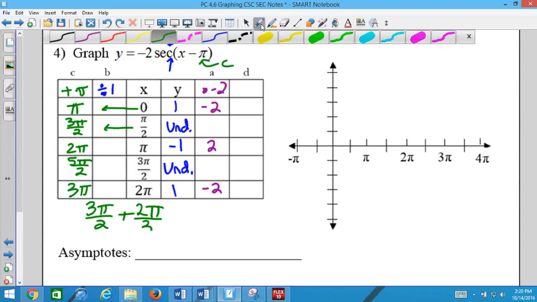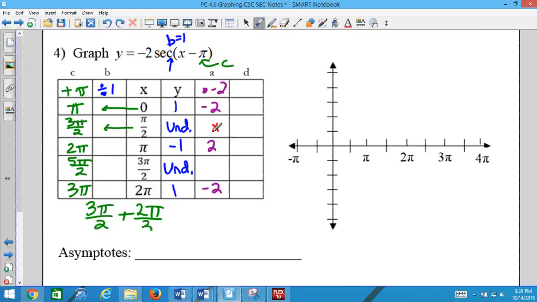Looking for vertical asymptotes, I've got a vertical asymptote at x equals, all the way over to the left, 3 pi over 2. And then right here we've got x equals 5 pi over 2. So on my graph, 3 pi over 2 is here. I've got a vertical asymptote, and then 5 pi over 2 right there.